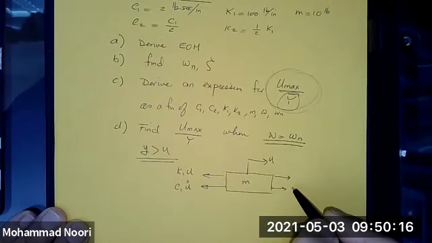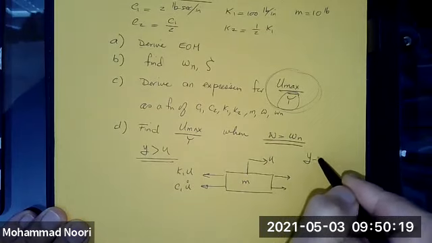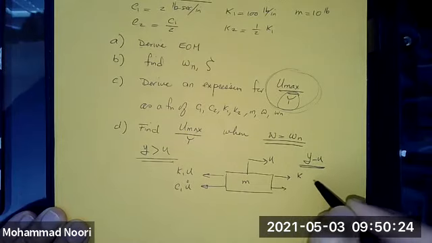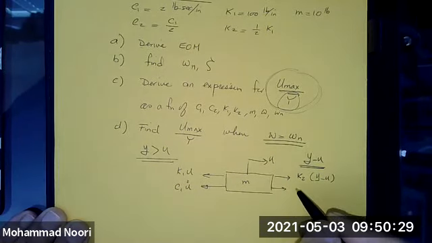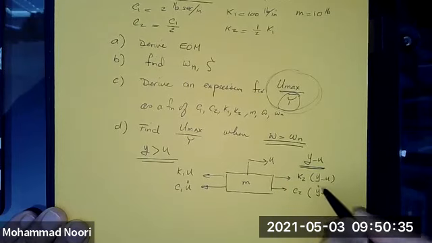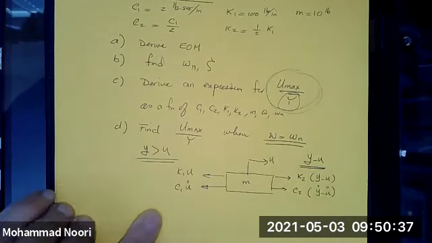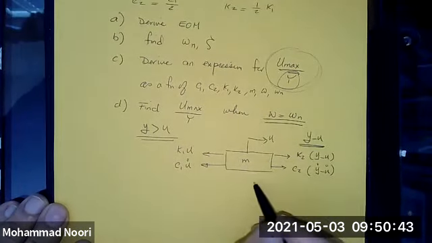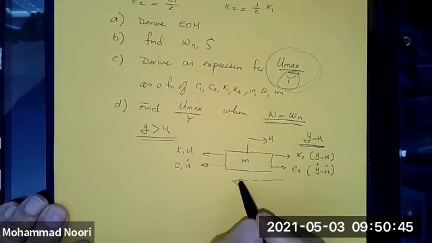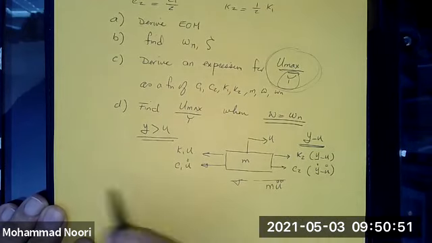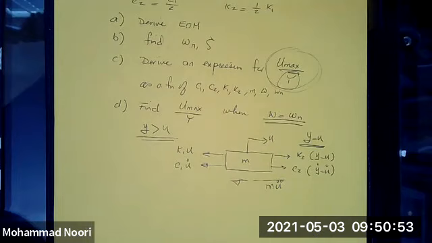K2 and C2 would be subjected to a relative displacement, y minus u. So the restoring force on this side would be K2 times y minus u. The damping force would be C2 times y minus u dot. Assuming the system is moving in that direction, the mass would experience this inertial force. So this is the free body diagram.